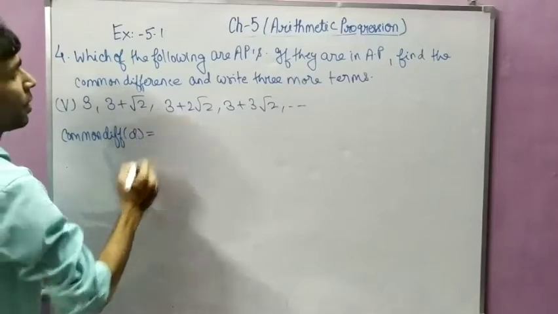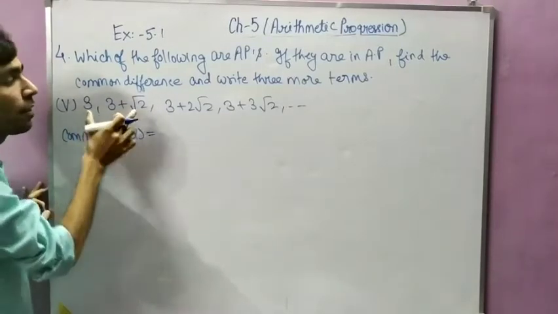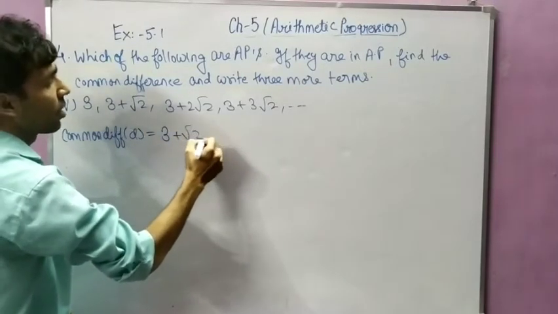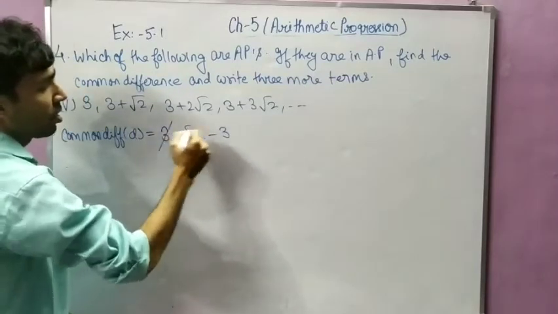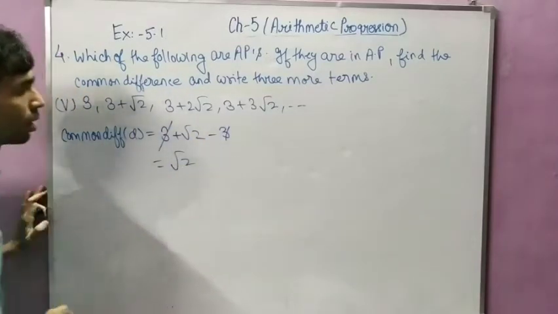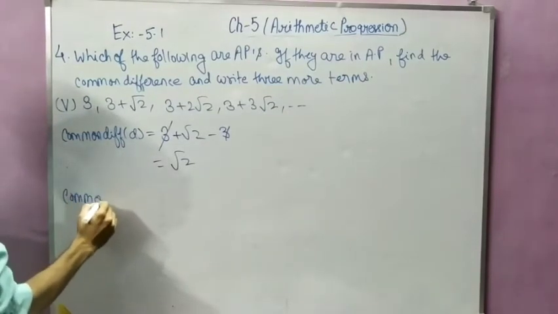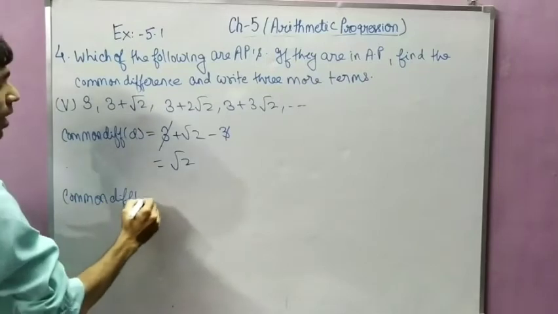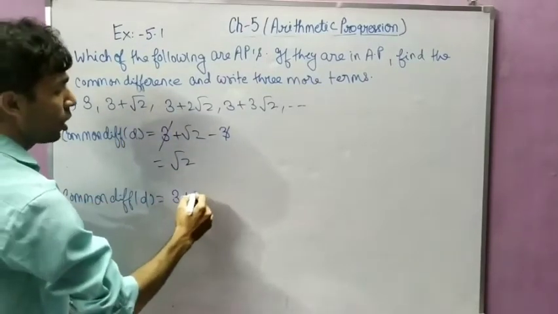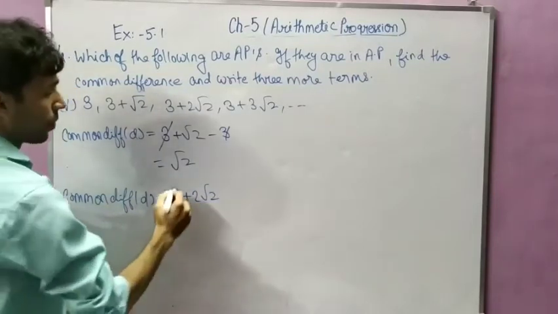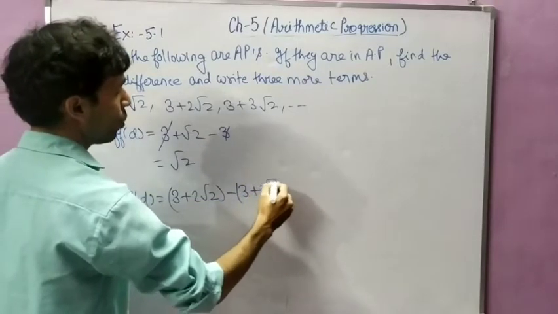So the common difference D will be, suppose I take these 2 terms, I subtract 3 plus root 2 minus 3. So 3 cancels, that is root 2. Now again calculate the common difference. Take these 2 terms: 3 plus 2 root 2 minus (3 plus root 2).